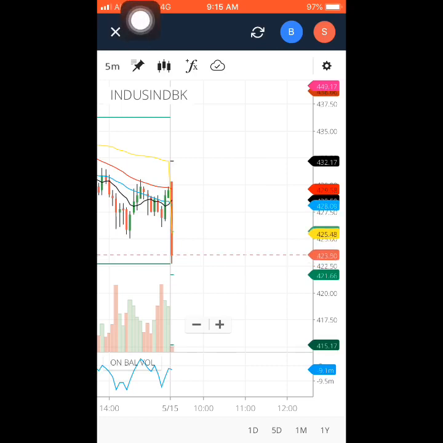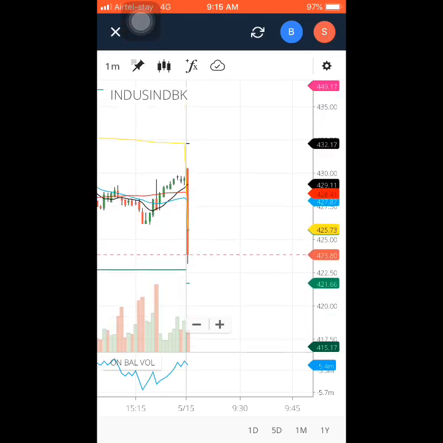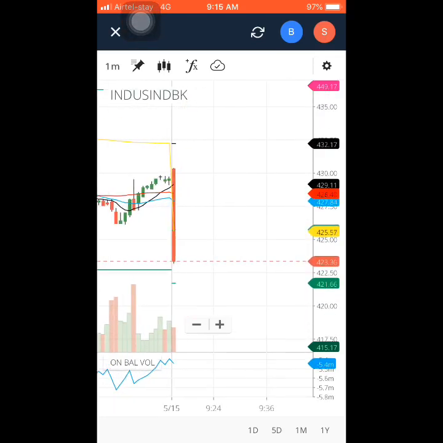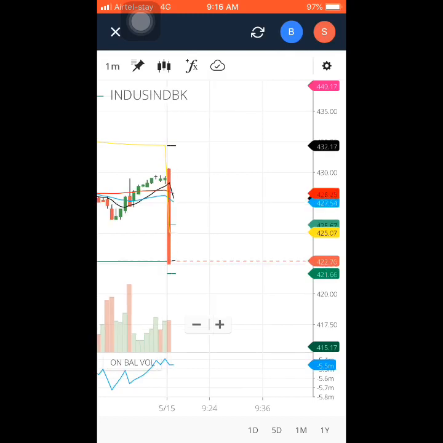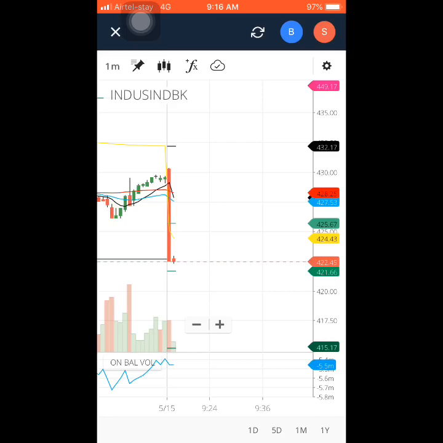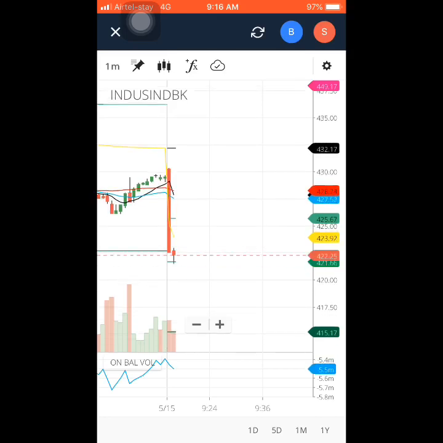Let's see, guys. If that takes support at 421, then we may take a position. Yeah, let's see, guys. Yeah, let's take a position, a buying position.